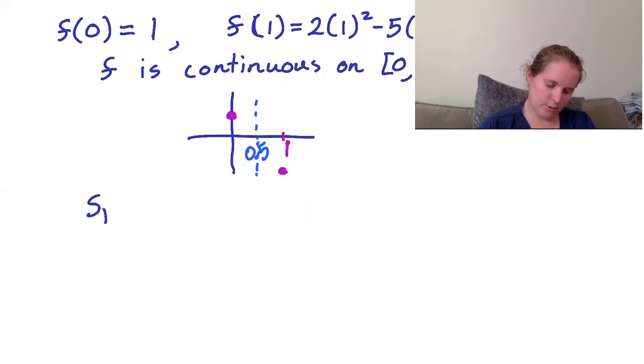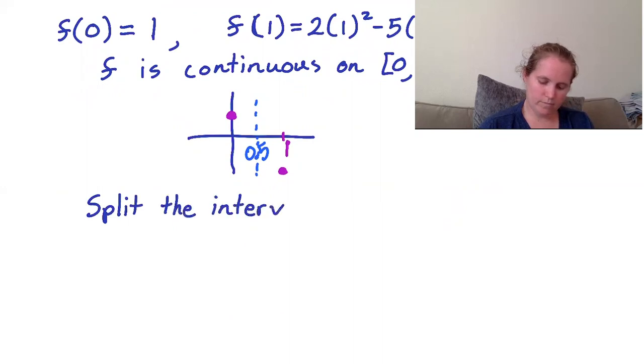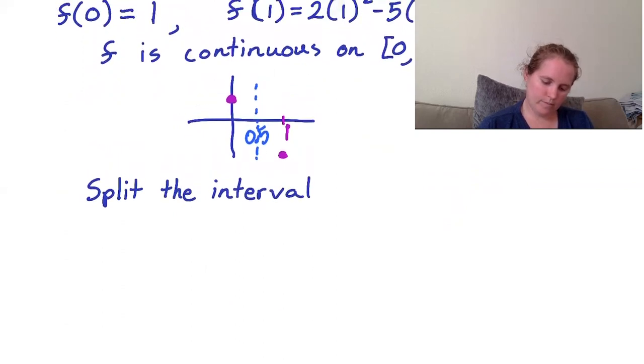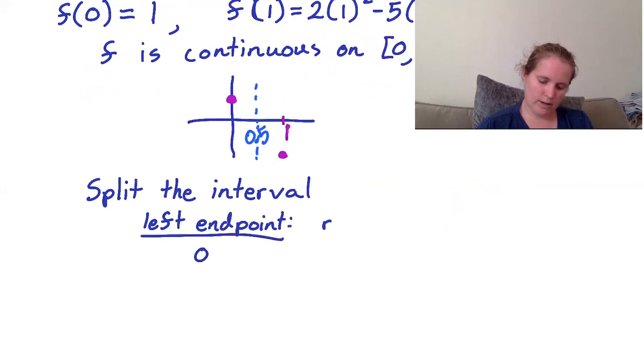So we're going to split the interval. We'll have our left endpoint, which was 0, our right endpoint, which was 1.